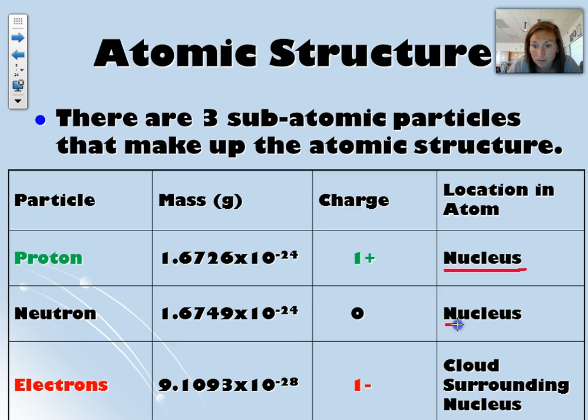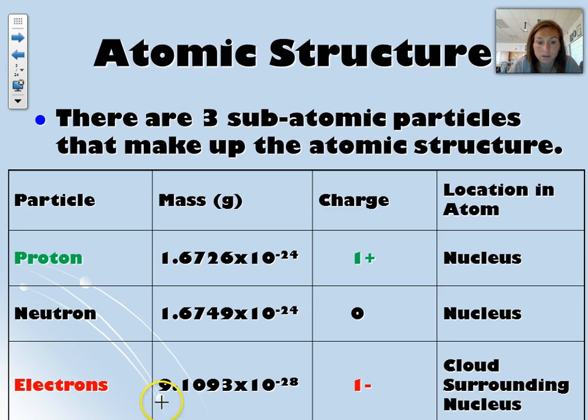Now, keep in mind the neutrons are also in the nucleus, and notice that they both have similar mass sizes. So, between the proton and neutron, they make up the mass of the atom and are located in the nucleus together. Now take a look at the electrons.